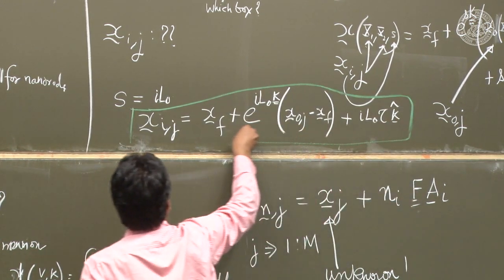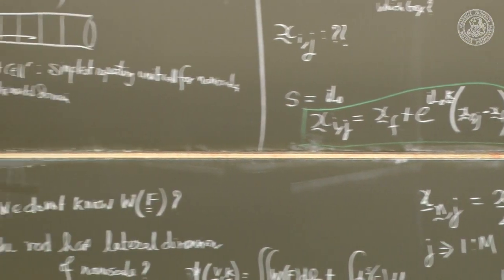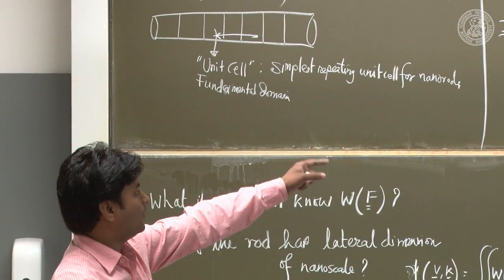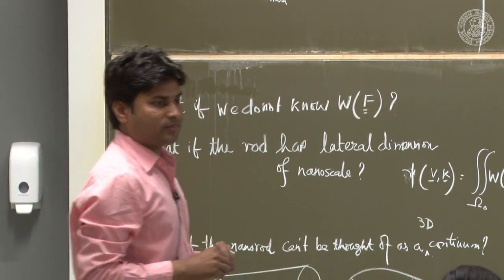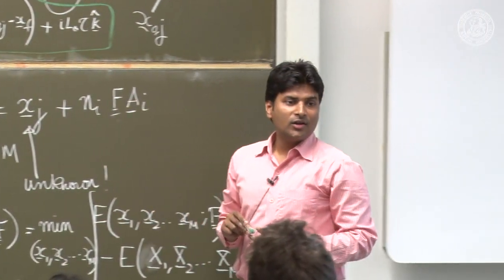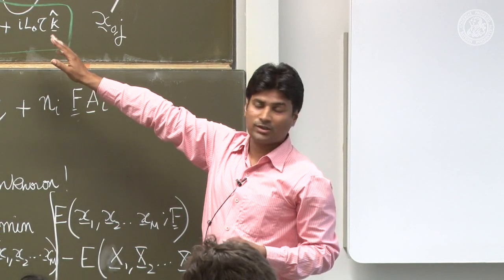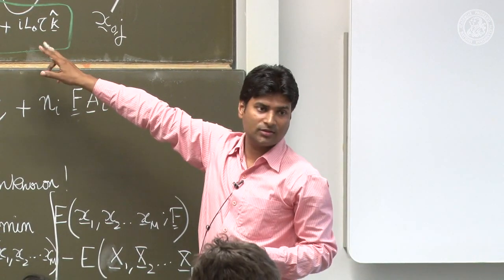So that's the discrete analog of that continuous map. So this is the map which you can use to construct your deformed nanorod, which is subjected to constant V and K.